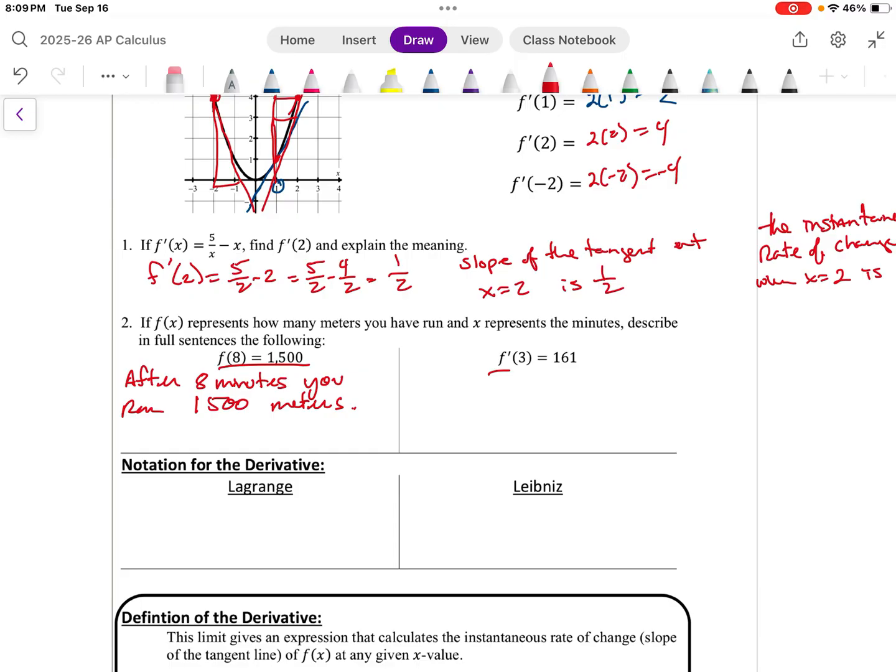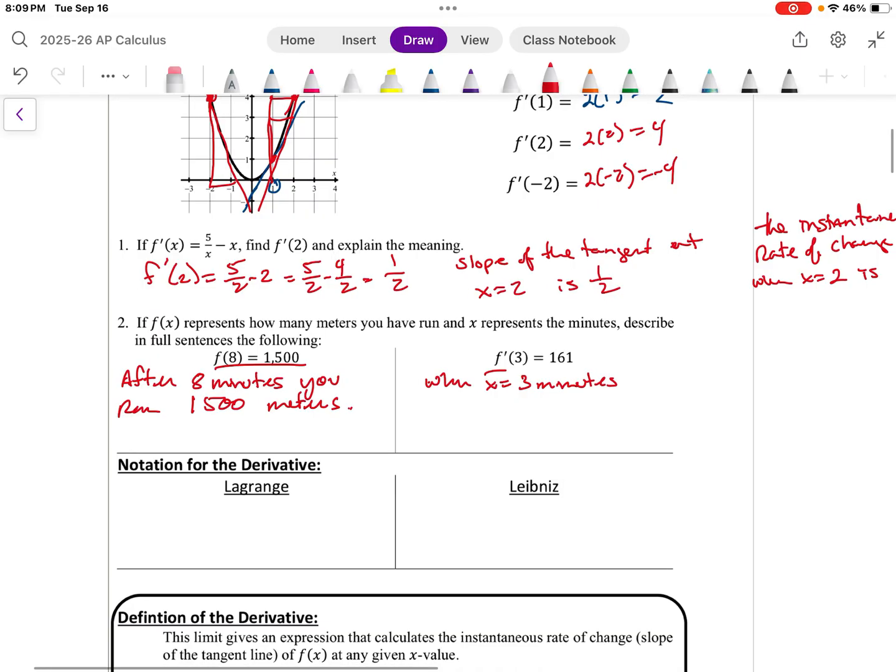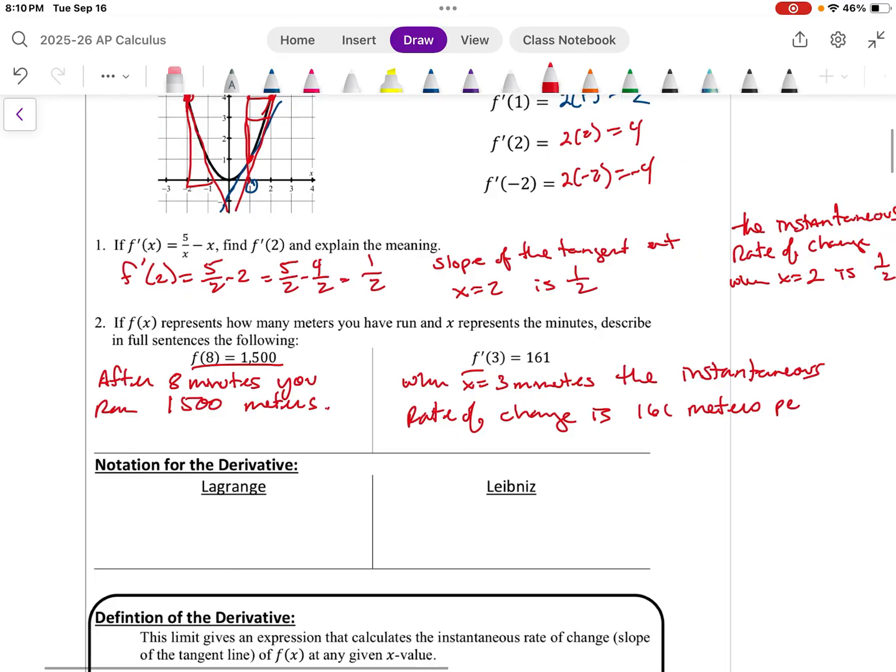So in that standpoint, I would say when x equals 3 minutes, or at 3 minutes, if you want to say it that way, the instantaneous rate of change is 161 meters per minute.